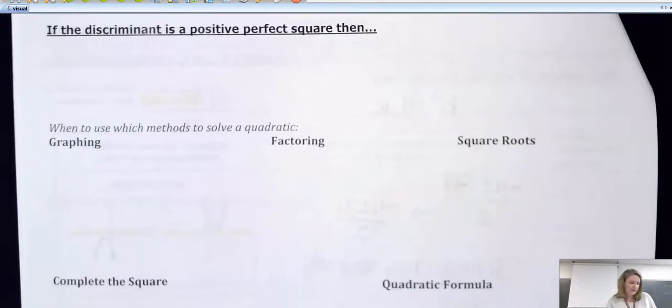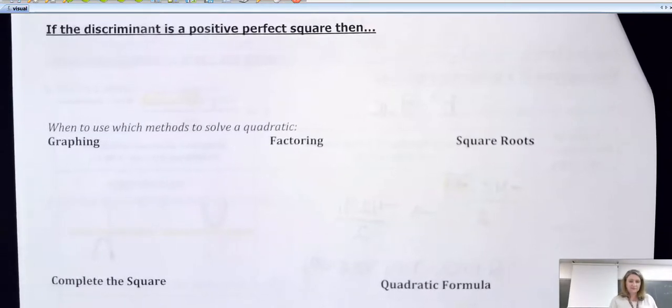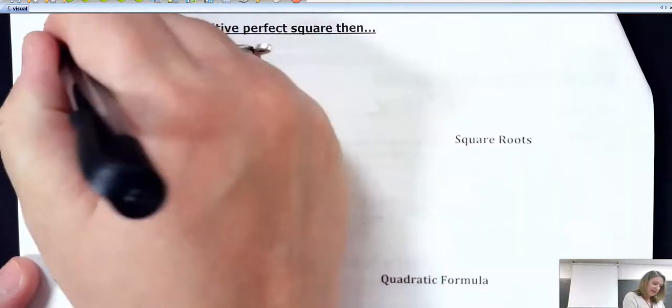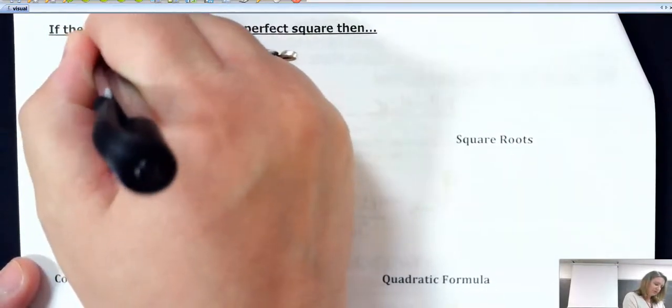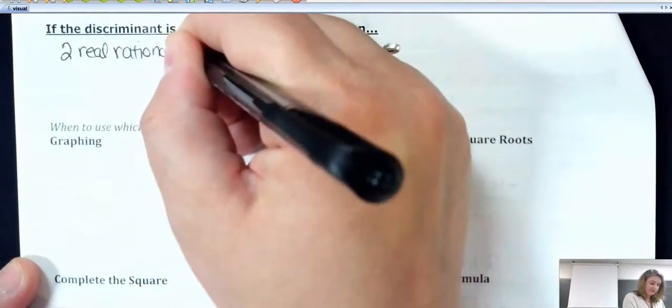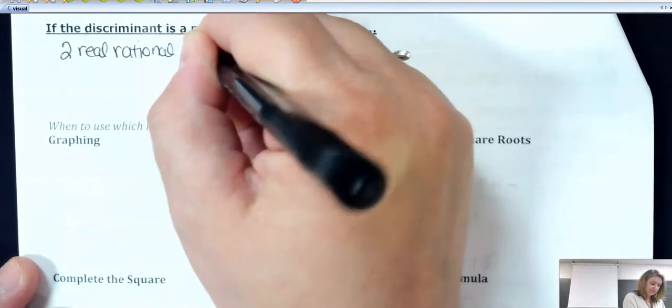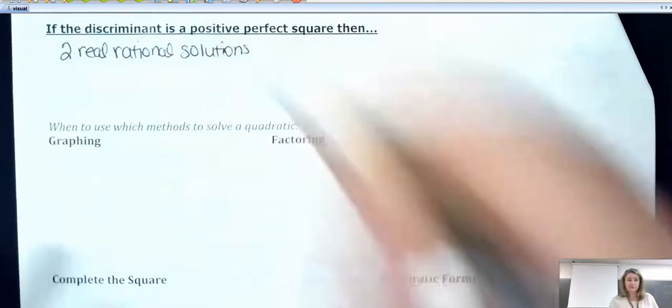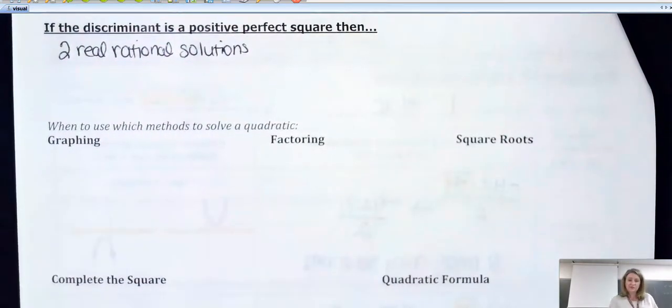Okay, now on the back here it says if the discriminant is a positive perfect square, then I know automatically I have two real rational, so it's not going to involve a radical, two real rational solutions from what we've been talking about doing the discriminant today. So if you do b squared minus 4ac, and you get a positive perfect square.